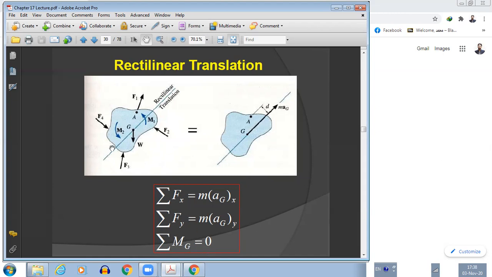So the body is in reality moving, but the motion is in a straight line. It's a solid body, we are not talking about a particle, but moving in a straight line such that the rotation about the center of gravity is zero. So the summation of moments will be zero, but these two equations will be there as they are.